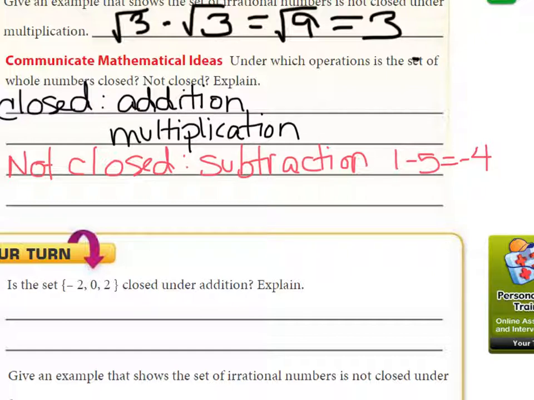That starts off as an integer. It's also not closed under division, because I could take two whole numbers, divide them, and get a decimal, which is not a whole number either. So it's closed under addition and multiplication, not closed under subtraction and division.